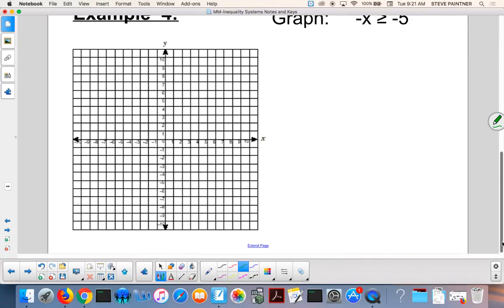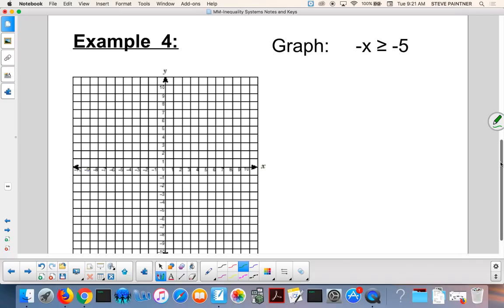Number 4. Solve it. Negative x is greater than or equal to negative 5. Don't start graphing until you get it to say what? Positive x.